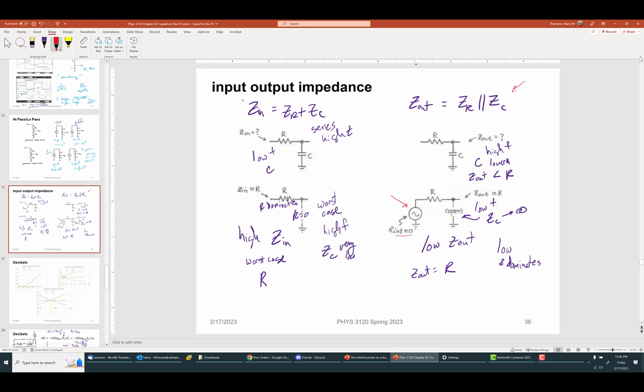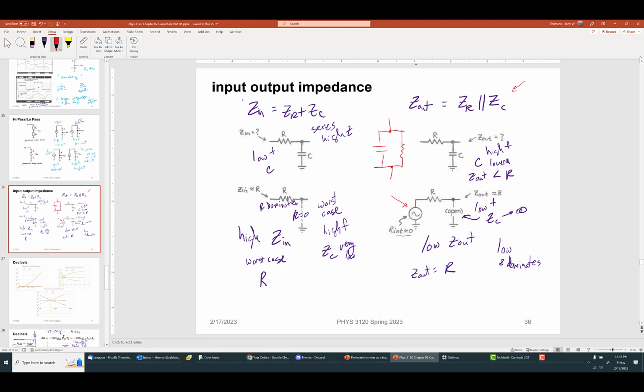You have the capacitor and the resistor, and you want Z out to be low. At high frequencies, the capacitor's impedance is low, and that is basically the lowest you could get.